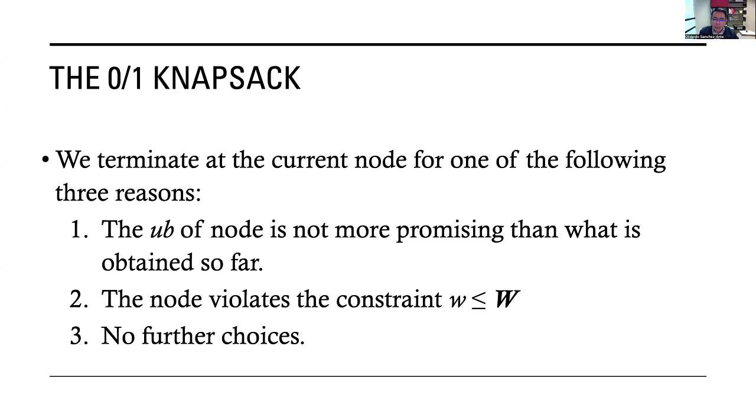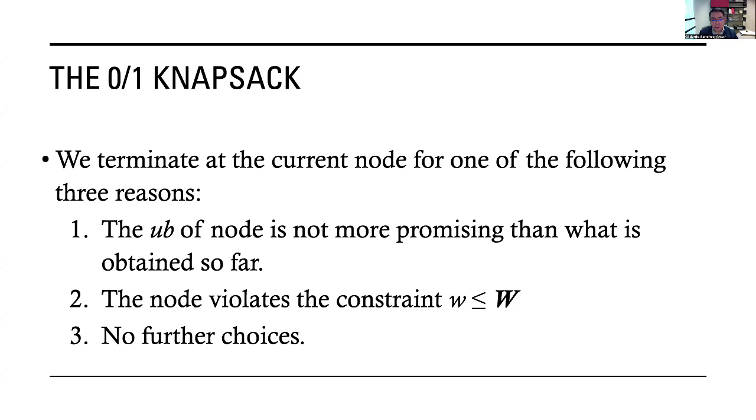Every time we consider the expansion or the branching of one node, we compute the upper bound, and the upper bound is telling us what is the most I can expect to obtain by going to that node.